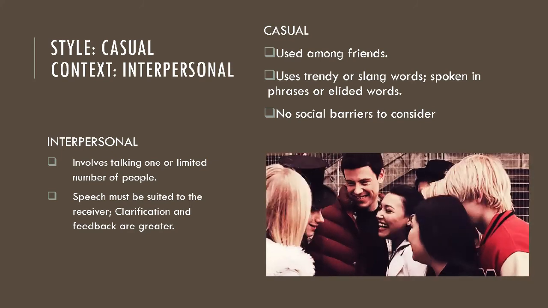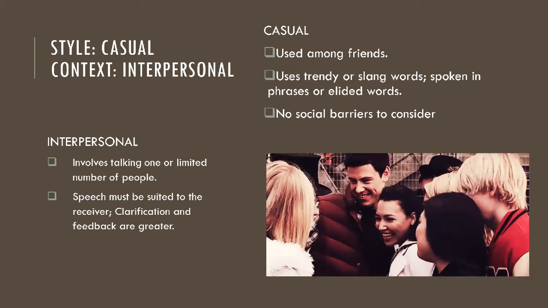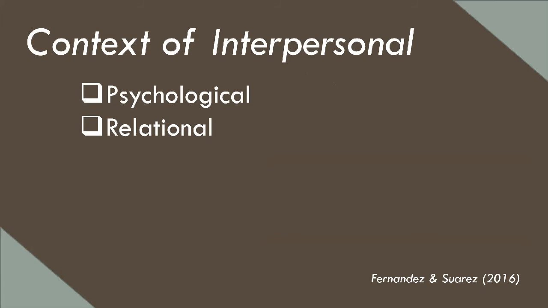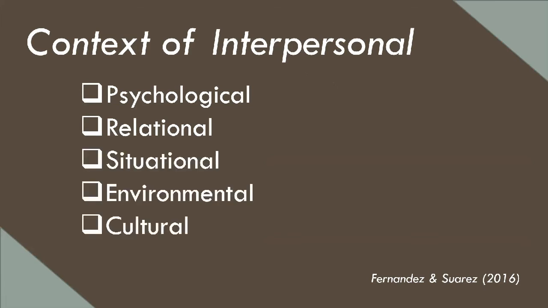The different barriers that affect communication, such as psychological, relational, situational, environmental, and cultural, do not significantly cause communication breakdown because of the deep degree of closeness, although not as deep compared to the intimate style. The casual style still emphasizes shared experiences.